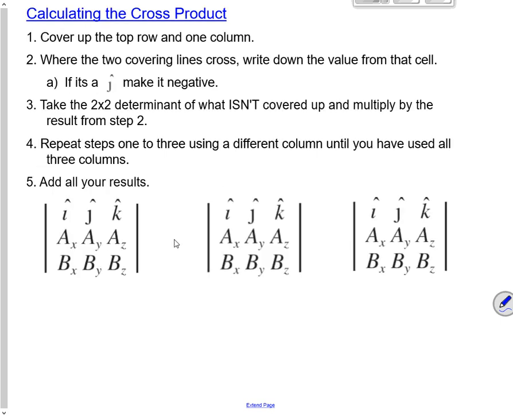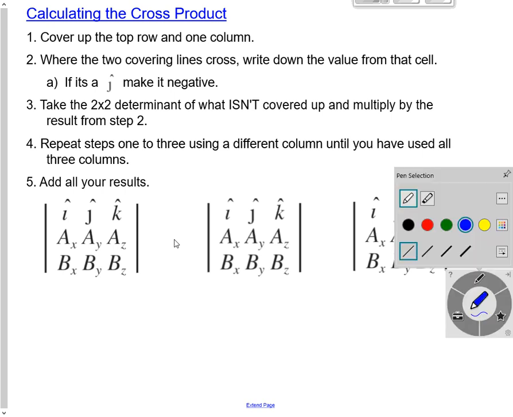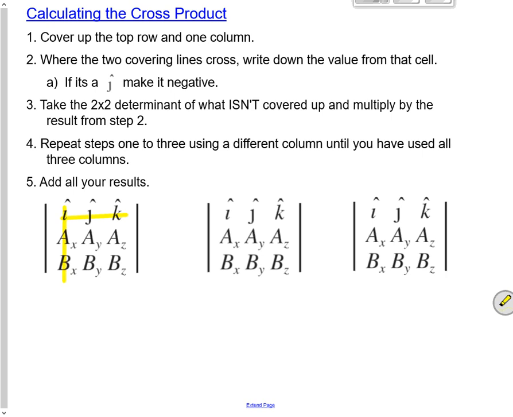So how does that help me calculate the determinant? What I need to do is pick one row and one column. I'm always going to use the top row, so I highlight that. Then I pick a column, and I highlight that.